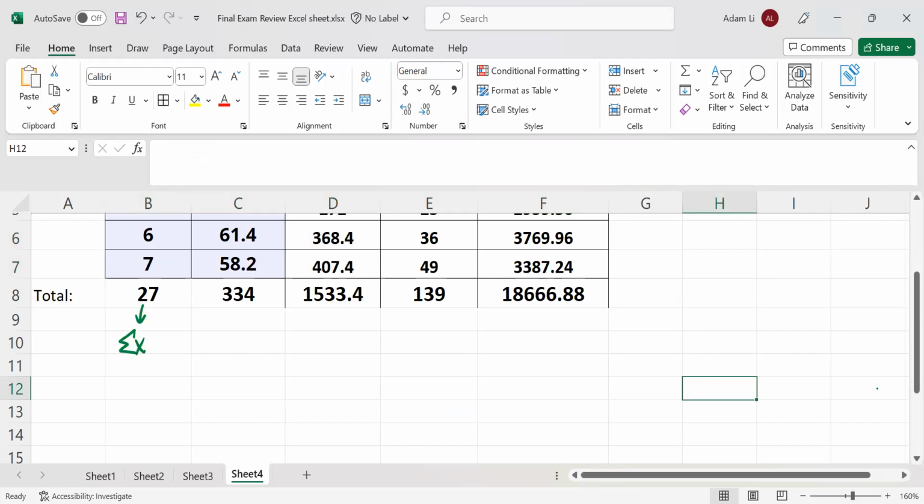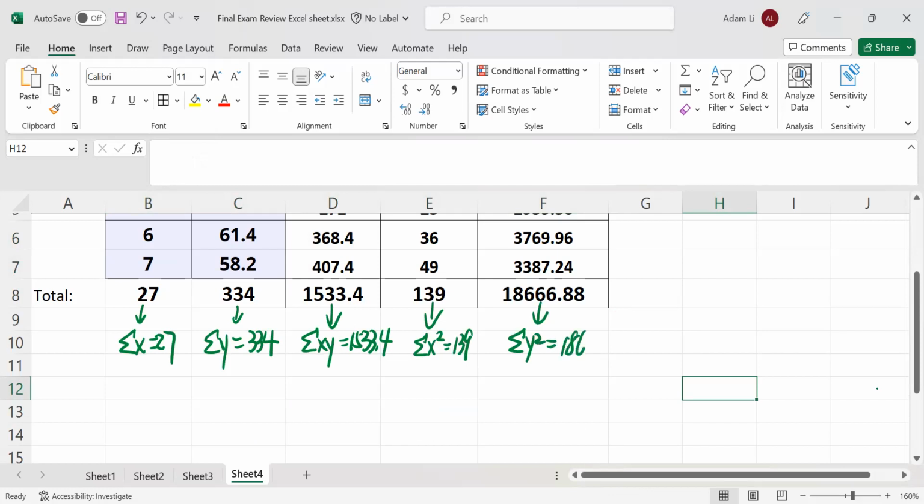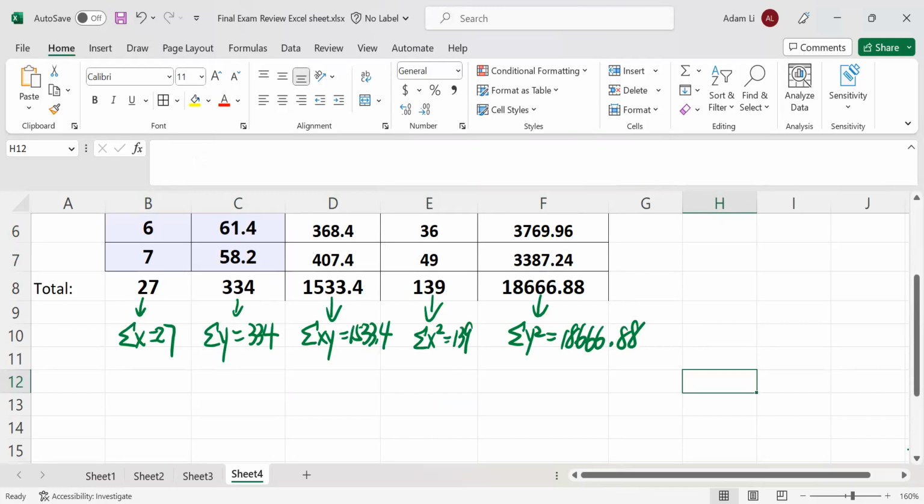Total X 27 and total Y is 334. Total of XY 1533.4. This is total of x squared, 139. Total of y squared, 18666.88. Now apply the formula, right?